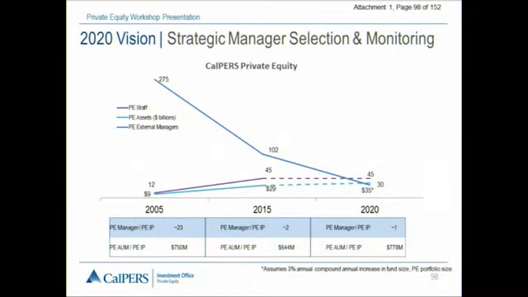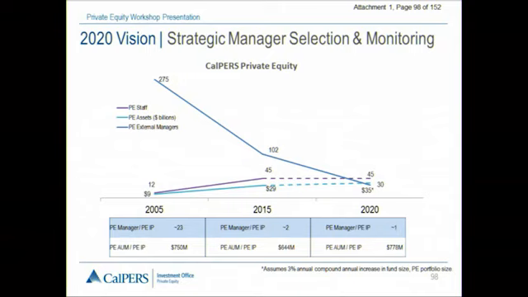You then take that to the private equity portfolio, and it's a similar story, but I think even more dramatic. You can see in 2005, 275 private equity external managers, which reflects a portfolio construction at that time approaching that notion of having an index of the whole market.